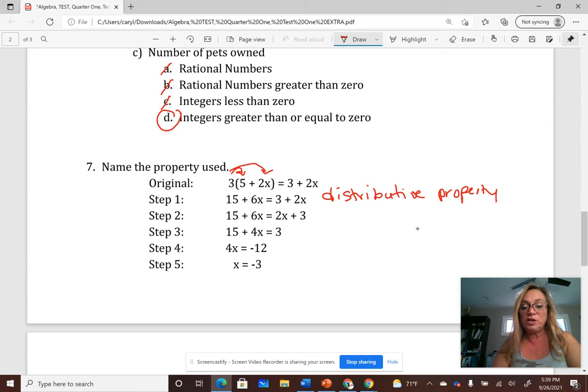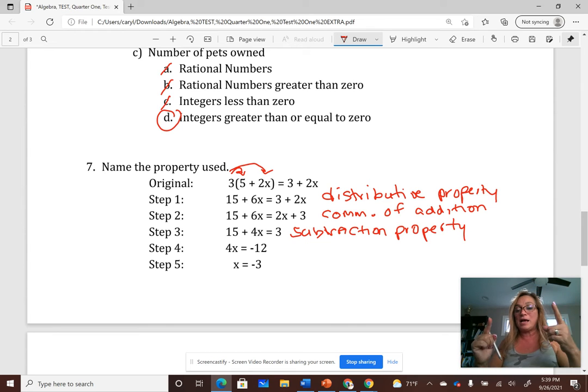So that's switching of order. That would be the commutative property of addition. Okay, so now it looks like the 2x was subtracted from both sides. So that's the subtraction property. A full name is subtraction property of equality.